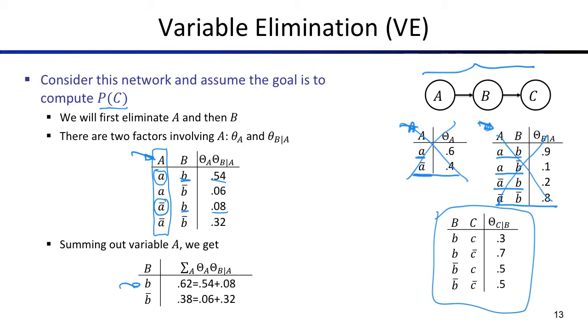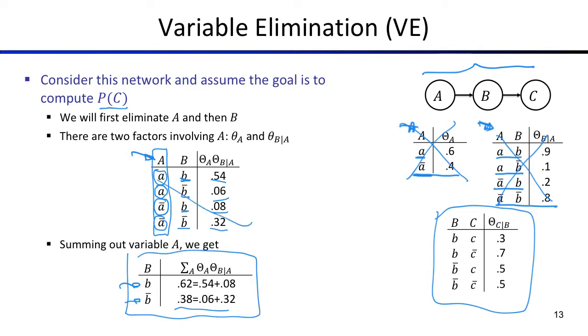The same thing we're going to do for B false. So we take all the entries we have with B false here, and we're going to operate over all possible values of the variable A, true and false. It's going to be 0.06 plus 0.32 equals 0.38. Now we have this new factor here.